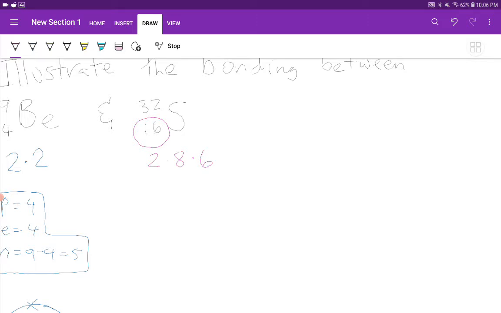And the number of subatomic particles, we're going to have 16 protons, 16 electrons, and the number of neutrons is going to be 32 minus 16, which is also 16. So bear that in mind. Remember, when we're dealing with the atoms, we always have an equal number of protons and electrons. The ions won't have an equal number of protons and electrons.